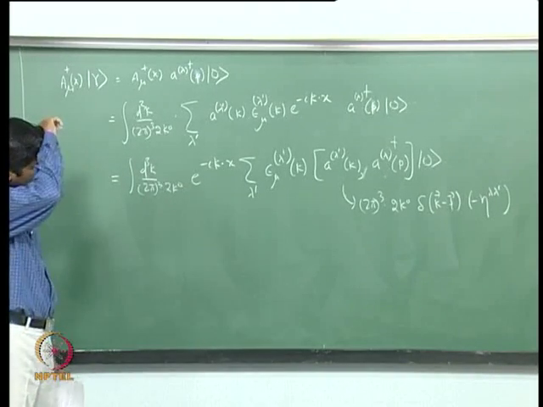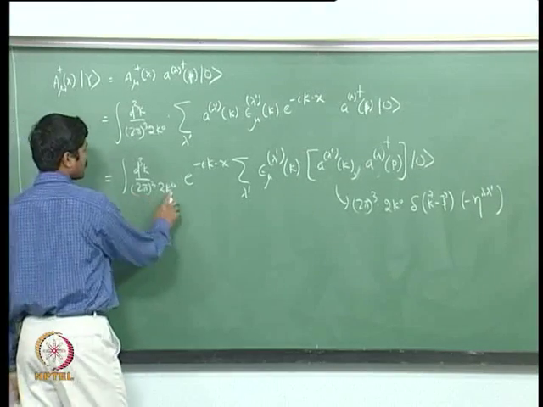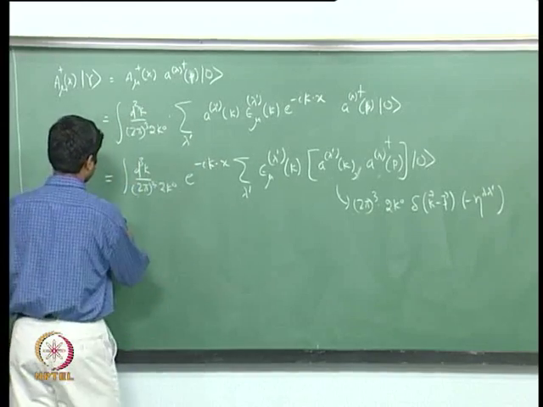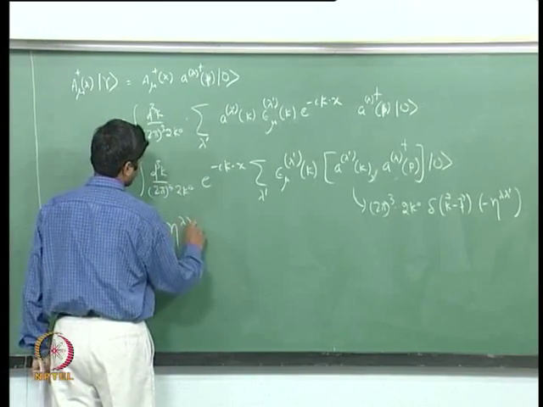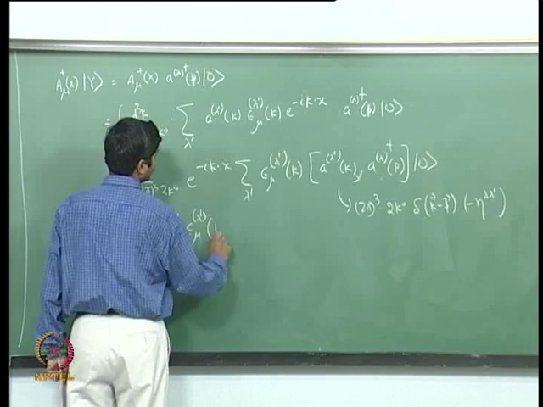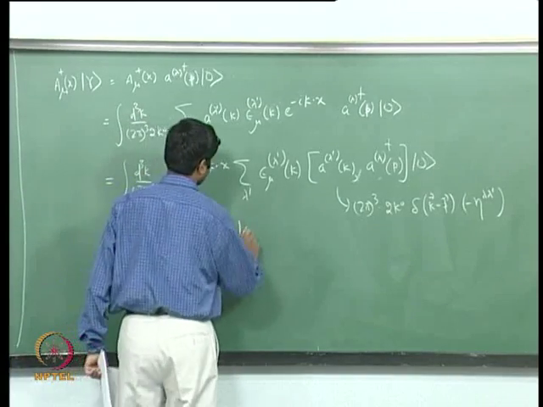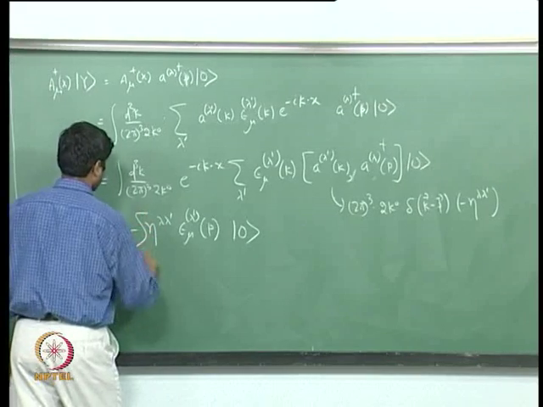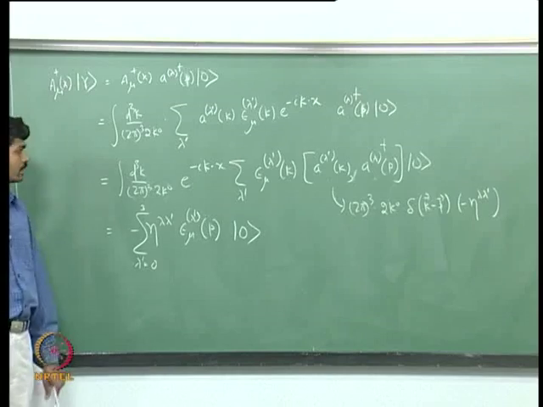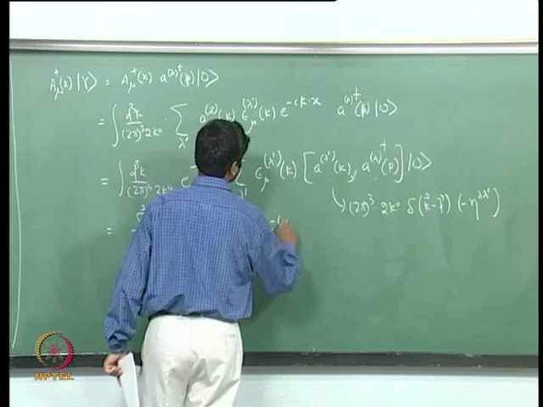So, you can now carry out the k integration. When you carry out the k integration, of course, this (2π)^3 2k0 will cancel, and what you are left with is minus η_λλ' ε_μ^λ'(p) acting on the ground state, where there is a sum over λ' which runs from 0 to 3, times e^{-ip·x}.